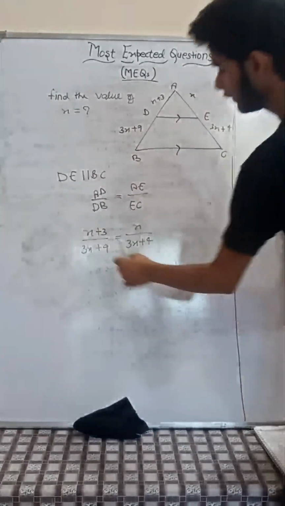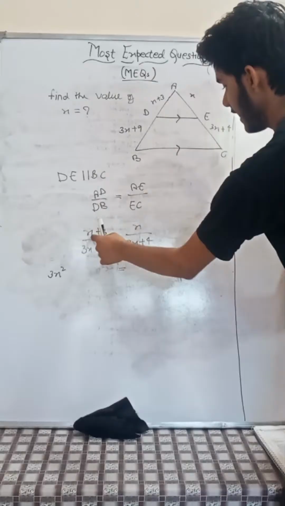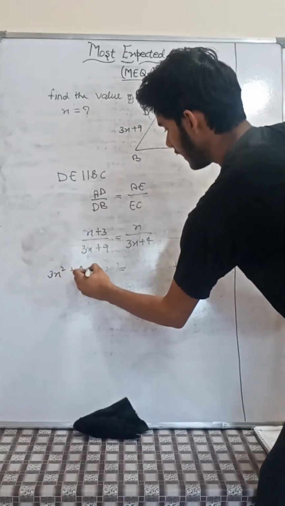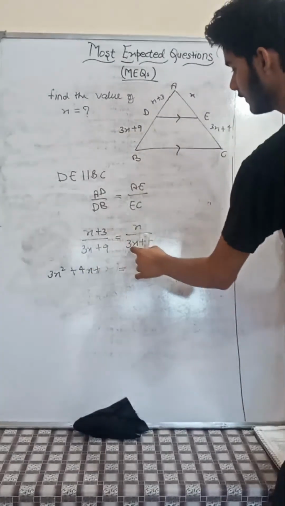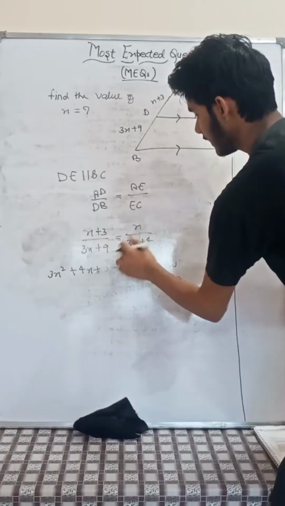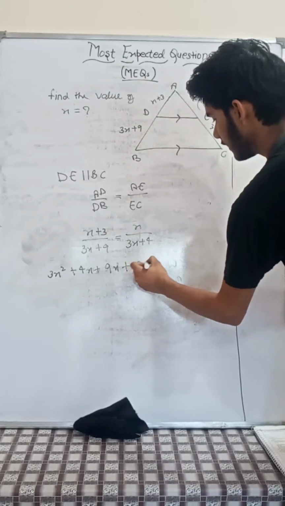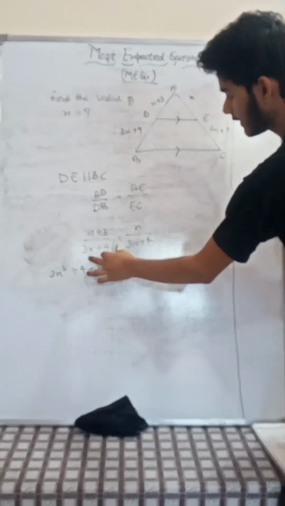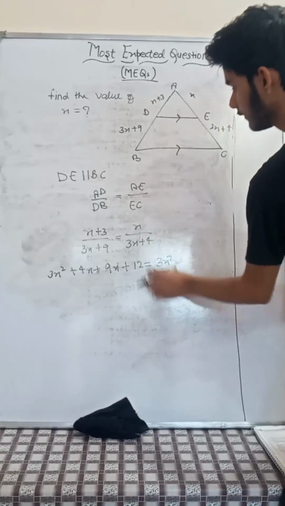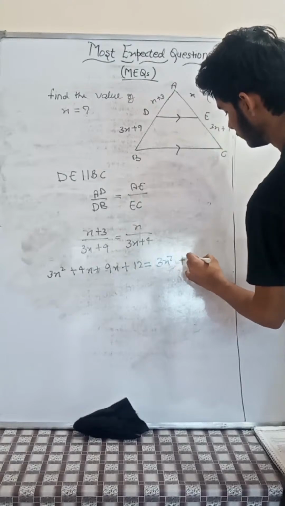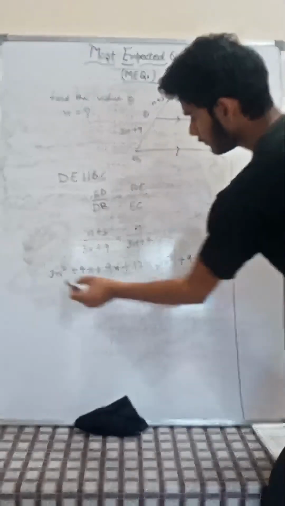By cross multiplying, x times 3x is 3x square, x times 4 is 4x, 3 times 3x is 9x, 3 times 4 is 12. So 3x square plus 4x equals 3x square plus 9x plus 12. The 3x squares cancel out each other.